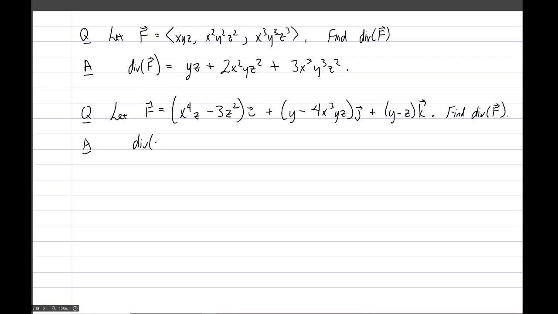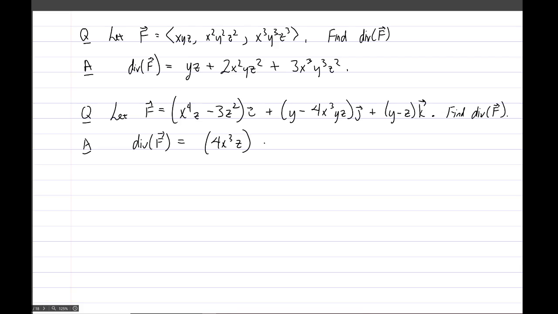Okay, so let's go ahead and compute the divergence. Again, we need to get a scalar field, so don't write angle brackets here. That would be incorrect. We need to take the partial derivative of the first term with respect to x, and we'll get for that 4x cubed z, and then the second term, negative 3z squared, is just going to differentiate to 0.